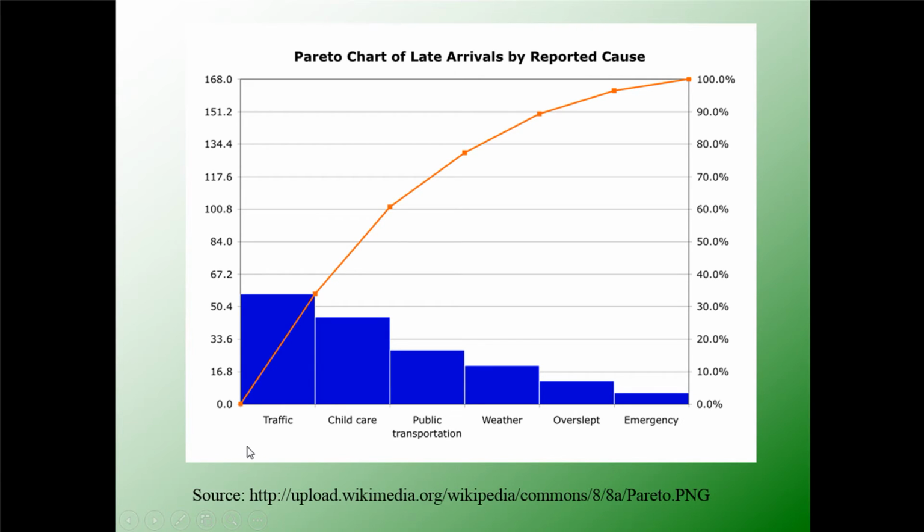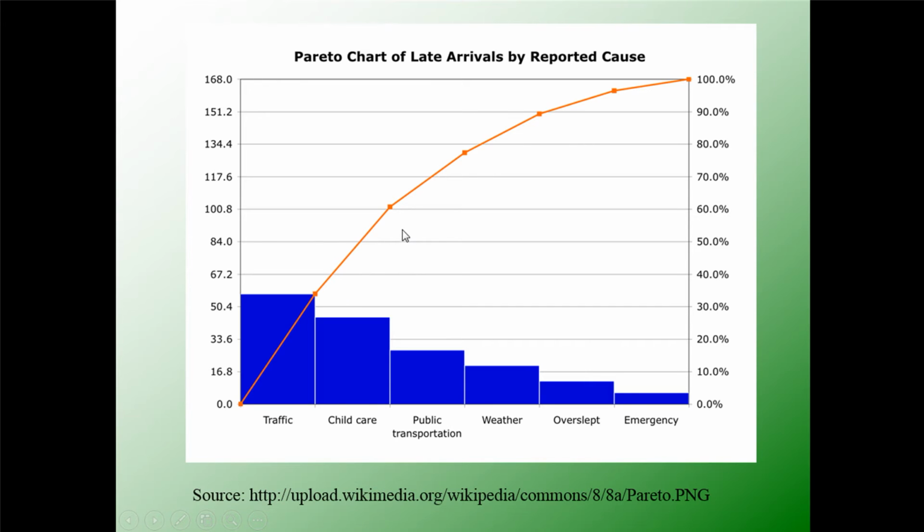So what we can see in this chart is that traffic is the leading cause of late arrivals, with issues relating to childcare next, and then issues relating to public transportation third, and so on. But the basic idea of the Pareto Principle is that 20% of these causes will result in 80% of the late arrivals. Now, in addition, on this chart, there's plotted the cumulative distribution.